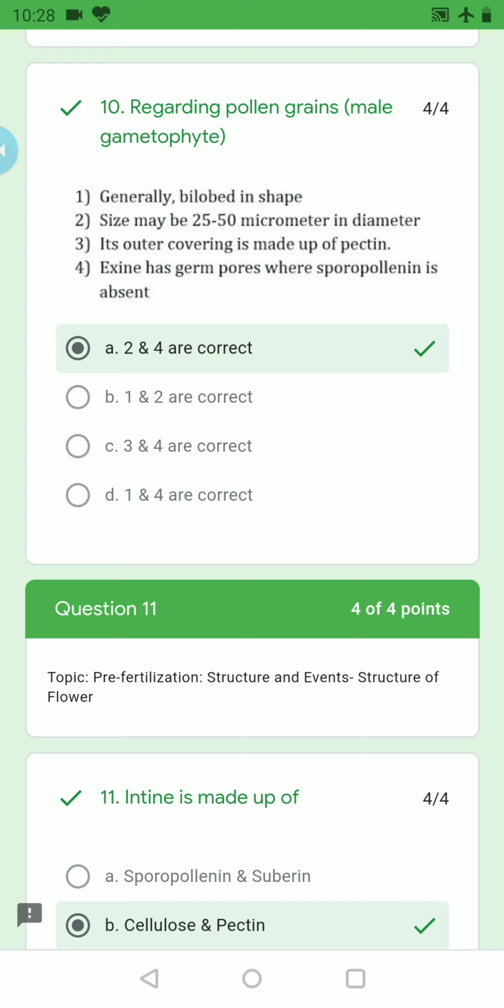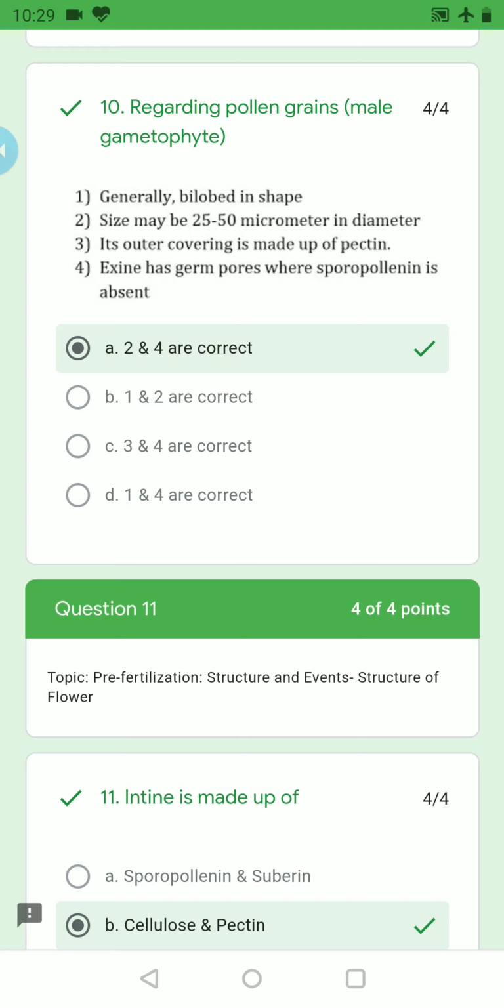The second, the size may be 25 to 50 micrometer in diameter. The third, its outer covering is made up of pectin. The fourth, exine has germ pores where sporopollenin is absent.